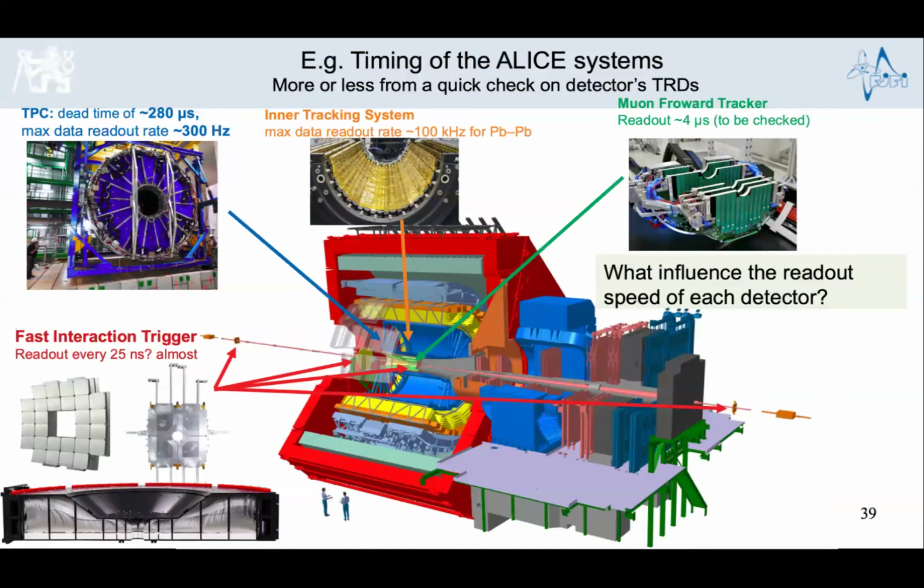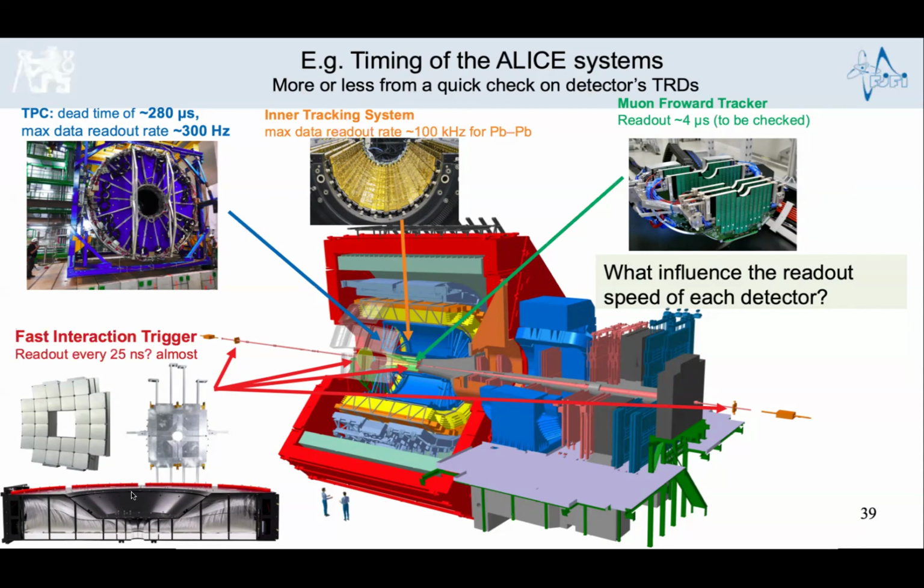Then here is a rough example of how this looks in an experiment. I did a quick check on the specifications of the detectors installed in ALICE, the characteristics regarding the speed or the readout rate for the tracking systems and for the trigger system.